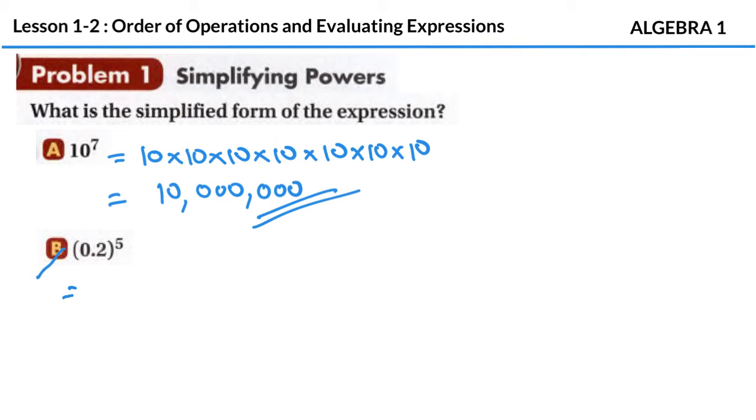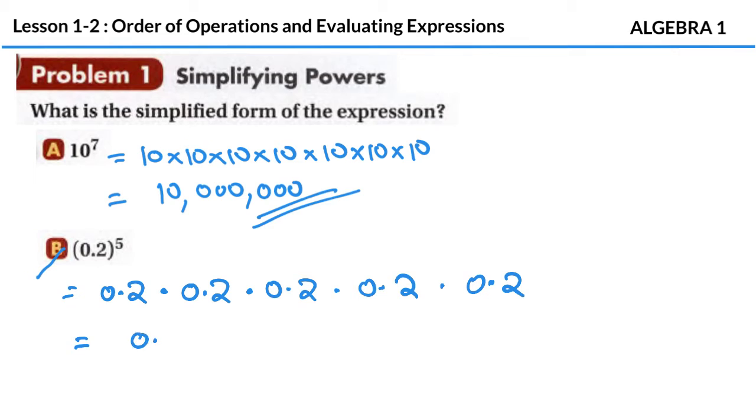So it is 0.2 times 0.2 times 0.2 times 0.2 and the last time 0.2. And if you multiply all this, what do you get? You get 0.00032. This is in the simplified form.